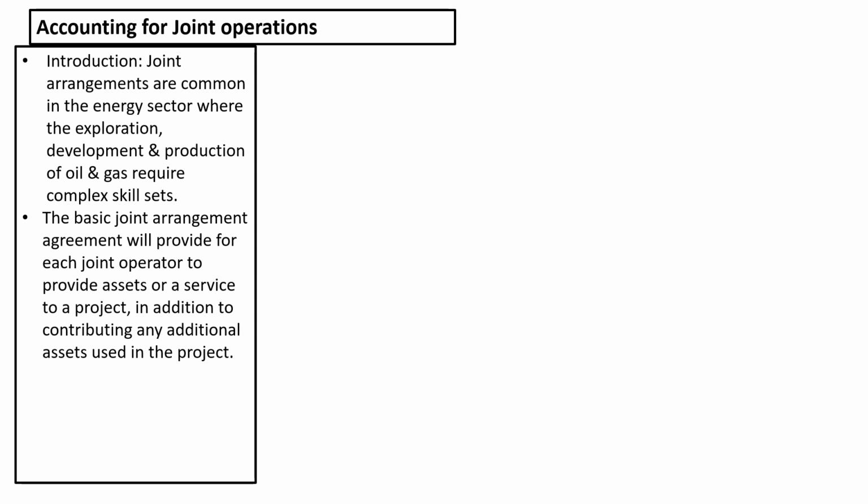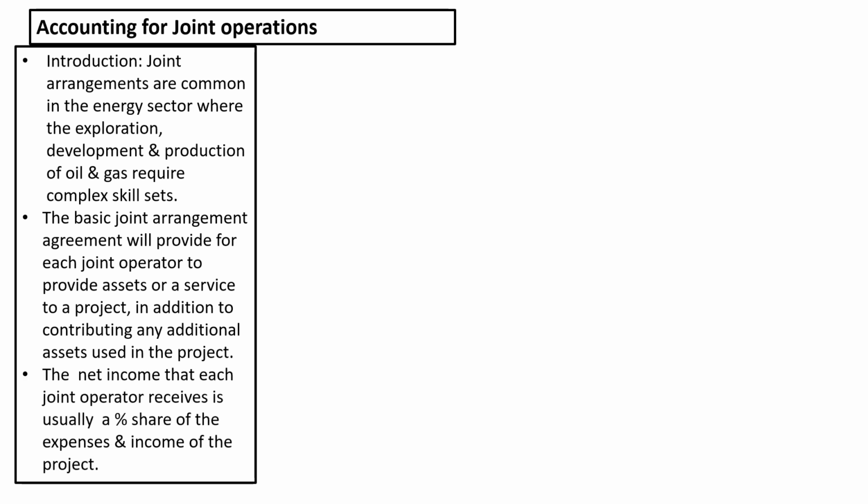The basic joint arrangement agreement will provide for each joint operator to provide assets or a service to a project in addition to contributing any additional assets used in the project. The income that each joint operator receives is usually a percentage share of the expenses and income of the project.